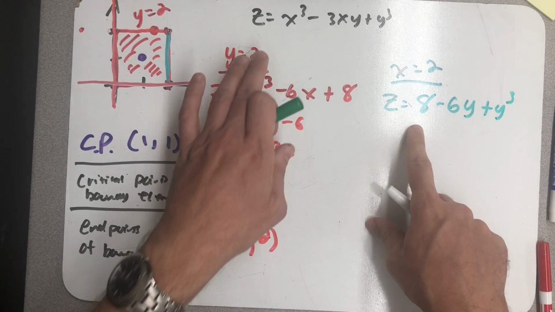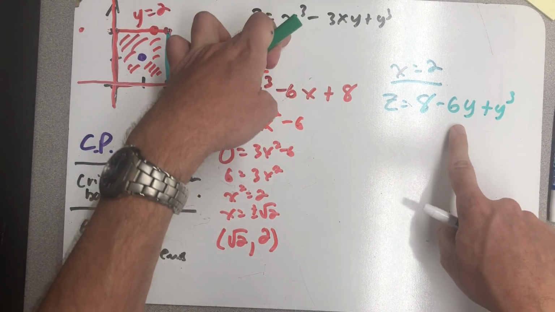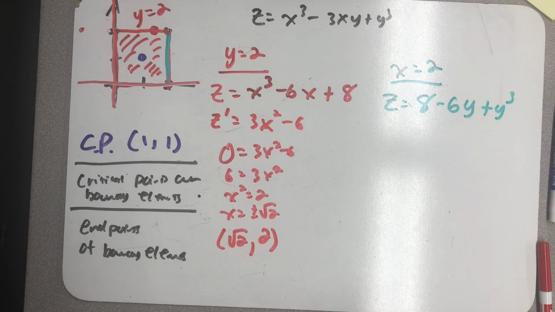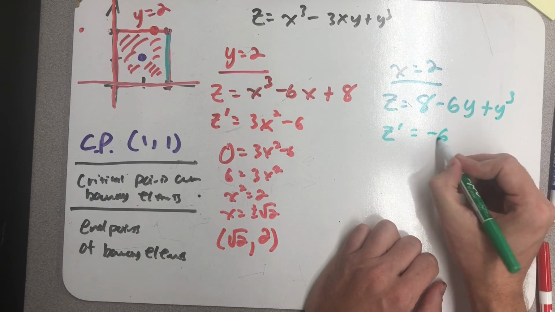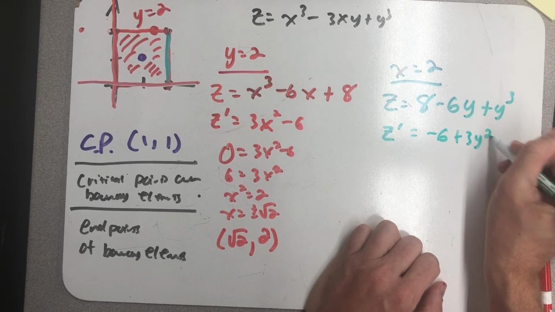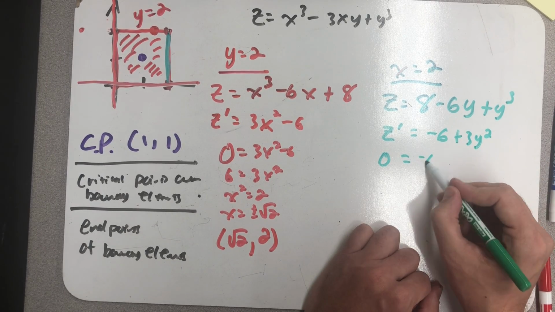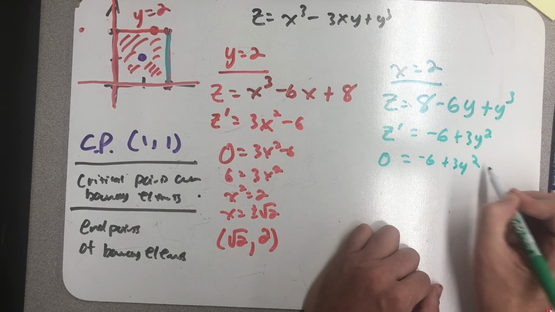Well, I get 8 minus 6y plus, I get the same thing except in the variable y. And again, I'm reduced to one variable. I am really thinking about taking a partial with respect to y because I fixed x. And I'm going to end up having found the same critical points.